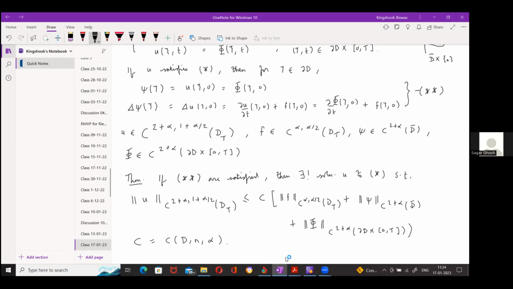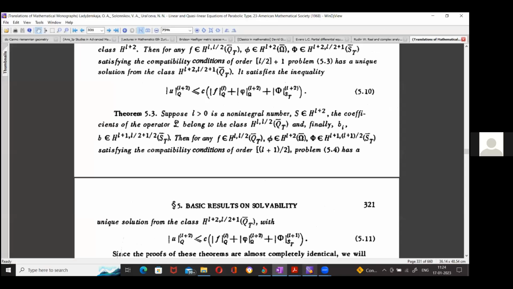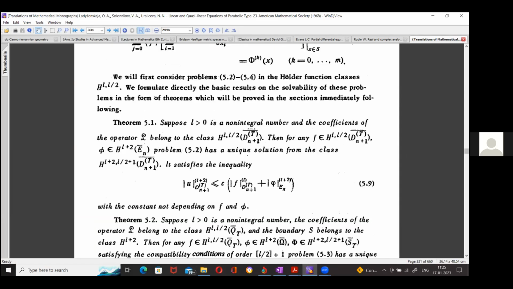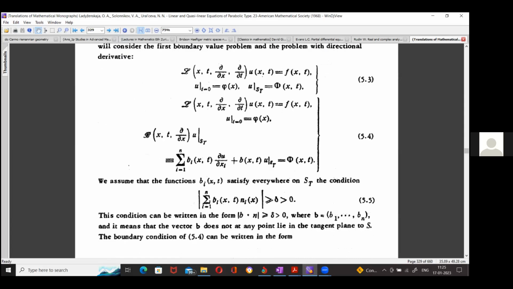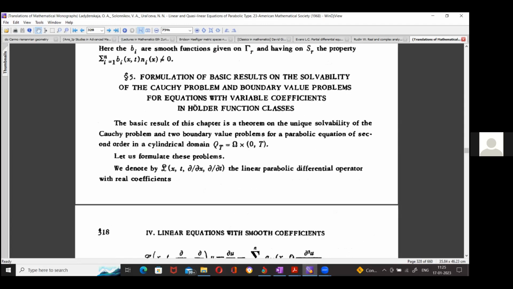Sir, in the norm of phi, where you have written the C^{2+alpha} norm, there should be two exponents, right? Because phi is in two variables. Phi is in two variables, but in the lateral surface, I'll have to check what is the exact definition.